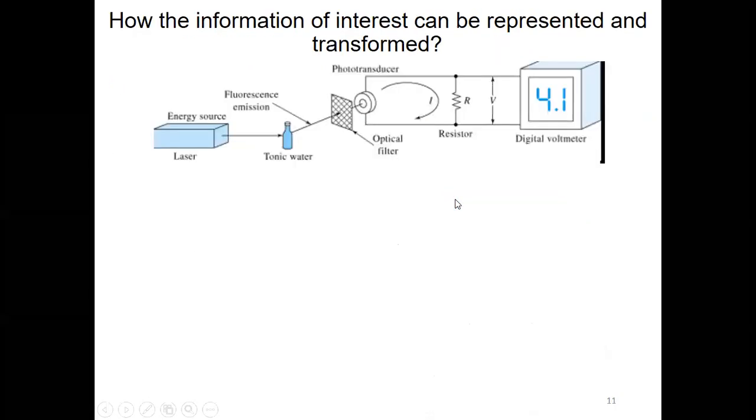Okay, let's further clarify using this example. How does data information transfer between the electrical and non-electrical domains? For example, suppose we have a tonic water sample.